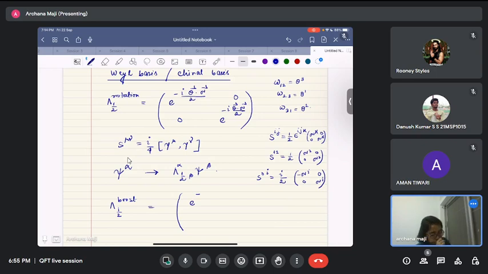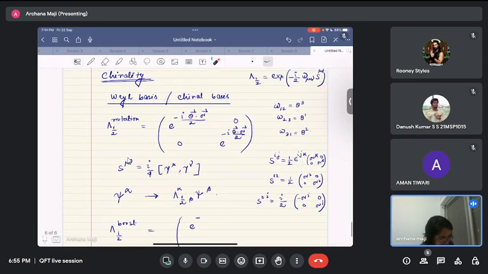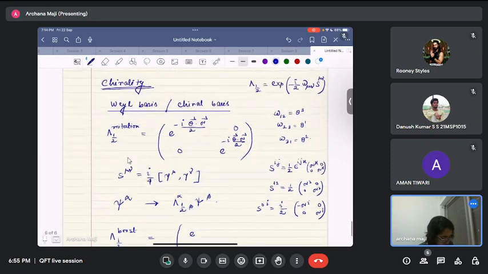Okay, if we now substitute this in this expression, there is i here, so i squared will become minus 1, it will become plus. That means the first quantity will be plus, but here I have a minus.